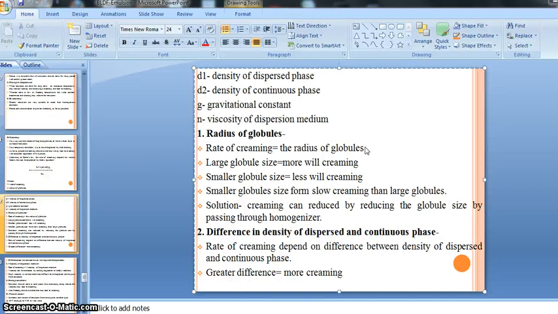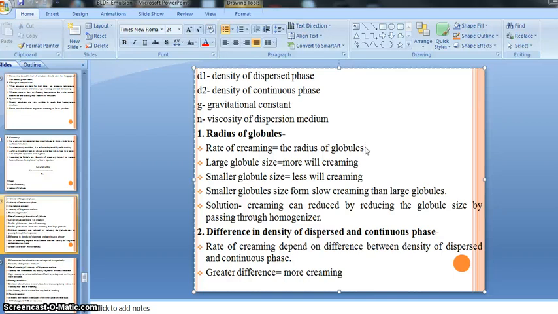A coarse emulsion contains large globules, ultimately giving a higher radius, and as the radius becomes higher, our rate of creaming becomes higher.